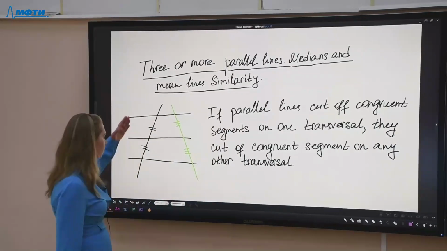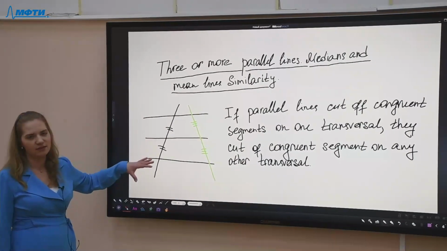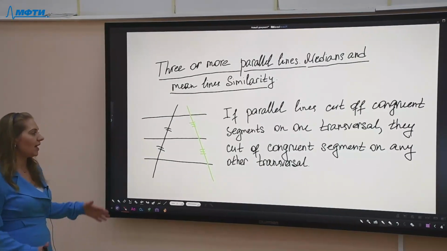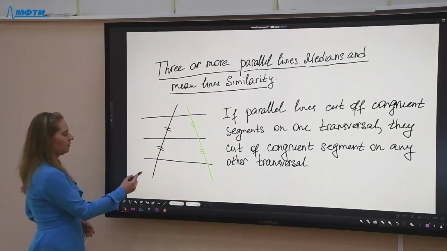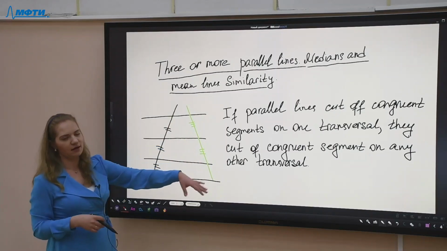Maybe we have more than 3 parallel lines. It means that we have more than 2 segments, 3 or maybe more. And if all the segments here are congruent, it means that all the segments here are also congruent.